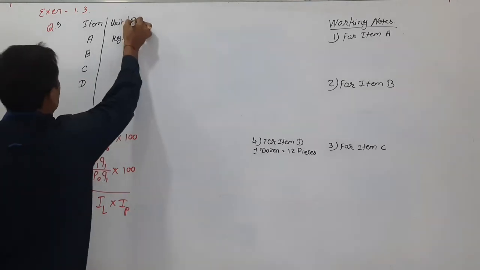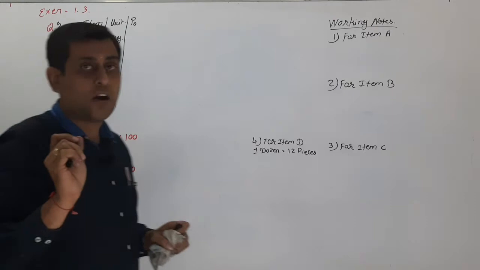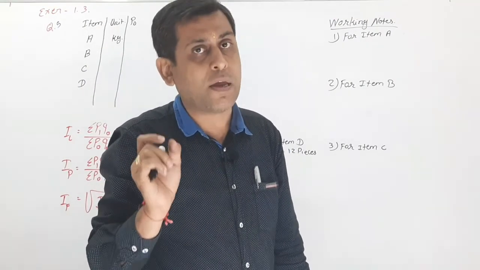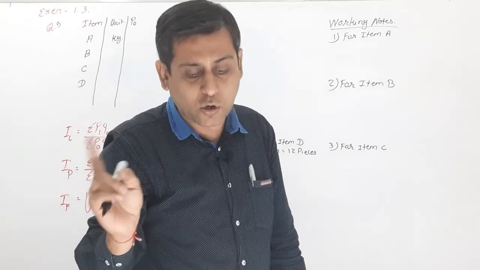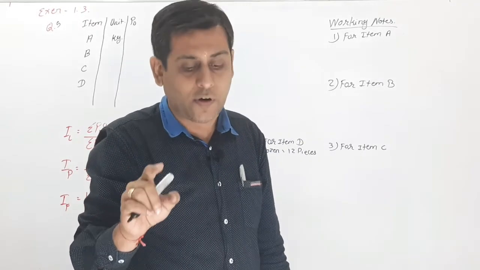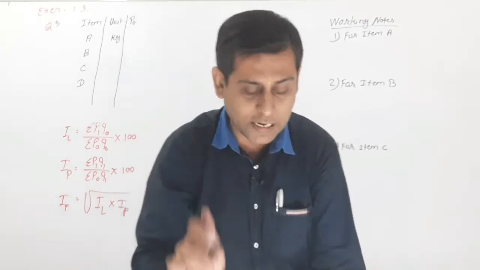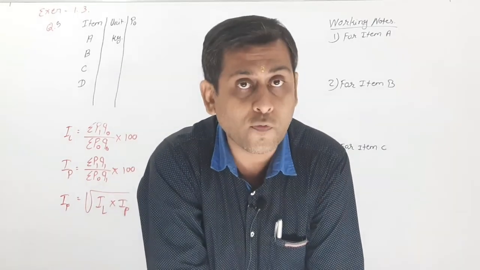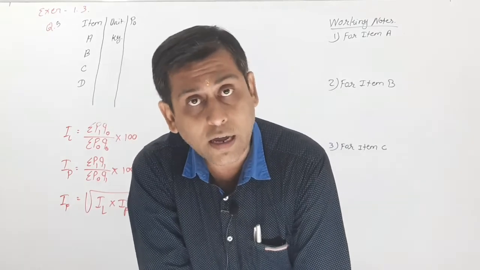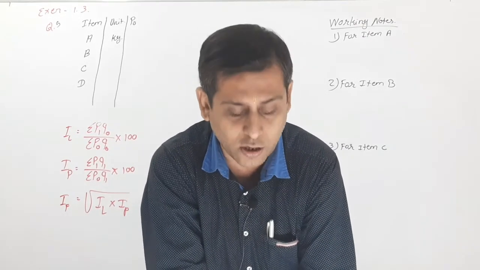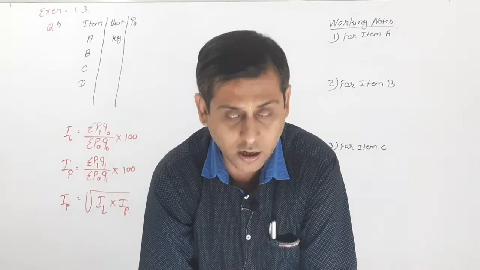Here P0. See, the style of the question has changed again. Here the price and quantity of the base year are given, then the price and quantity of the current year. One mistake is there: base year 2014 is given, and again in the question base year 2015 is given. That is not a base year, that is the current year.